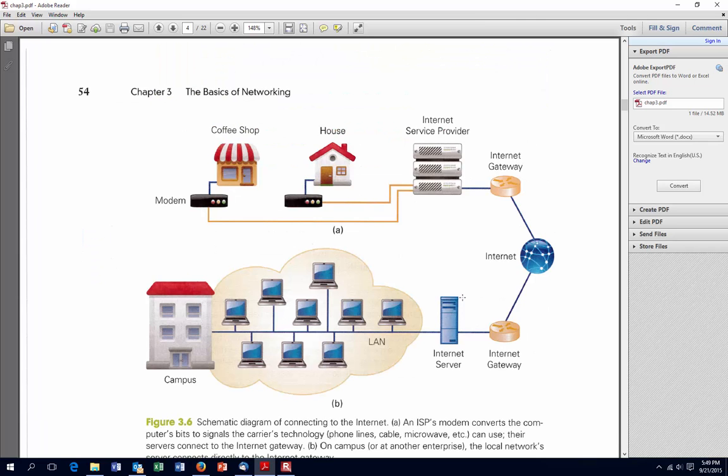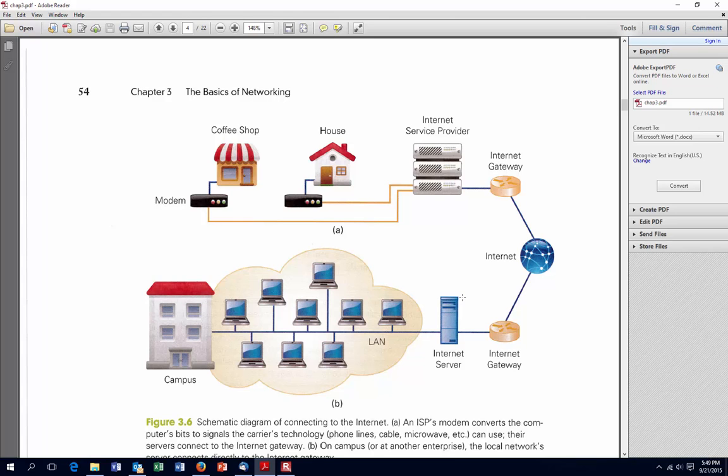And as this diagram illustrates, same thing happens with coffee shops. You have some kind of a modem typically that will take the IP information from your local area network, convert it into frequency or signal carrier technology, depending on what type it is that the internet service provider is using, and send that to their network equipment.